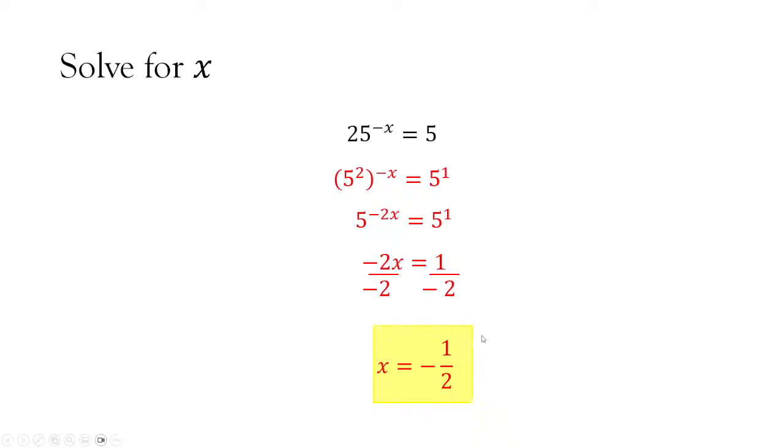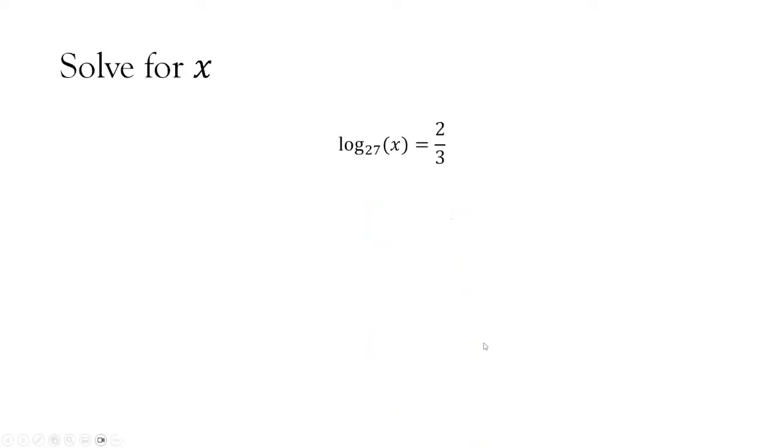Perfect. So we've done 2 exponential equation examples. Now let's talk about the other parts of this chapter, logarithms. Here, same instructions, solve for x. Here I have log base 27 of x is equal to 2/3. All right, so how do I even solve this?